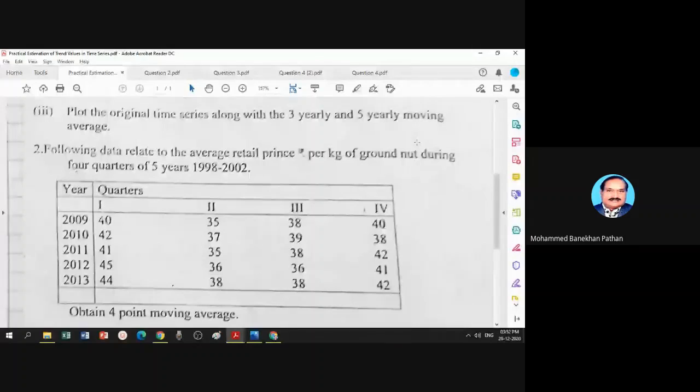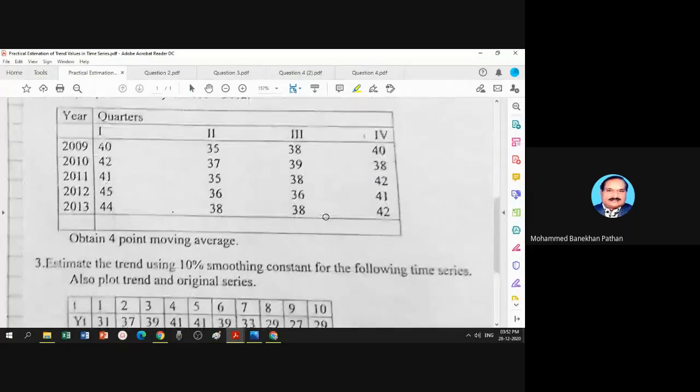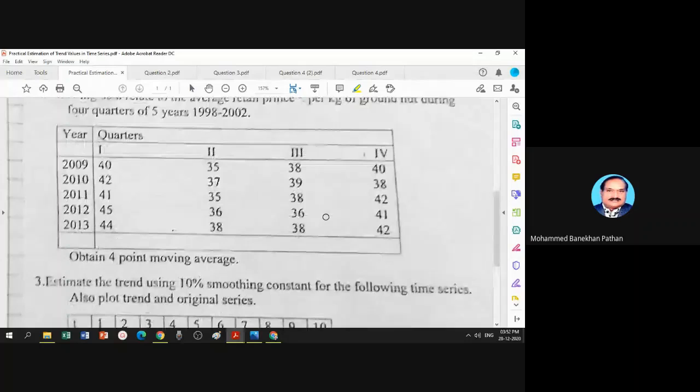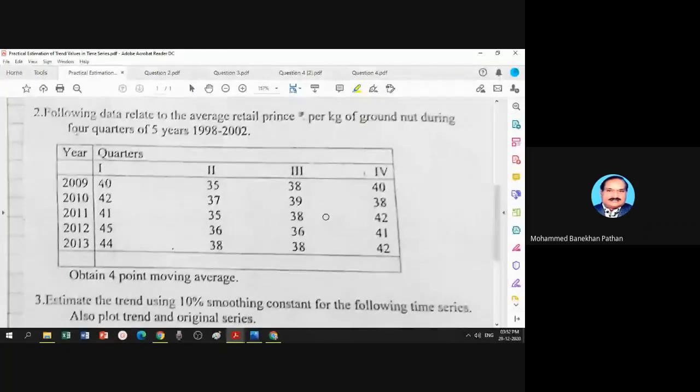where the period of the series is given to be even, that is 4. The data is like this. The following data relate to the average retail price per kg of groundnut during 4 quarters of 5 years.